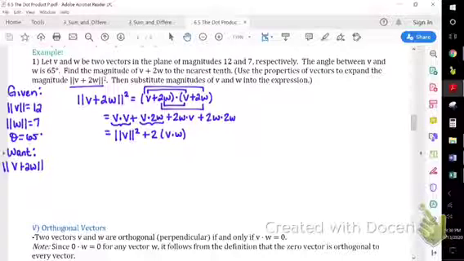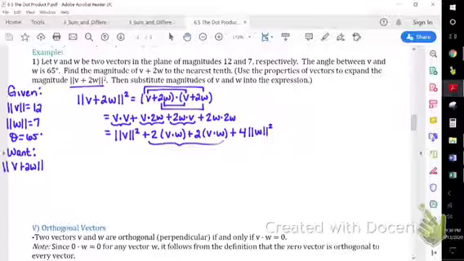Doesn't matter. Here, notice we're going to get the same thing: w dot v is the same as v dot w. Plus here, we're going to get 4, and then I have w dot w, which means it's going to be the magnitude of w squared. And then we still got like terms right here, so let's go ahead and combine them.